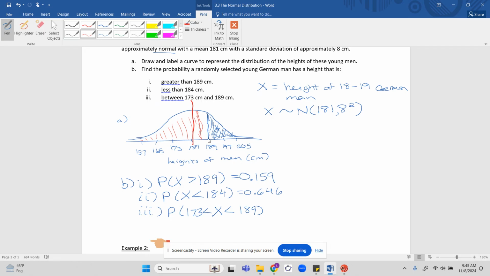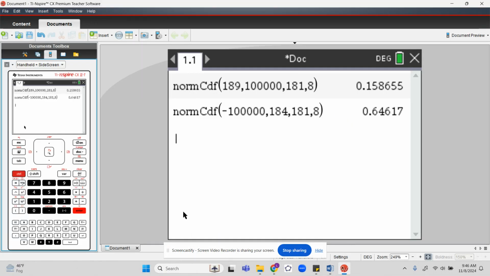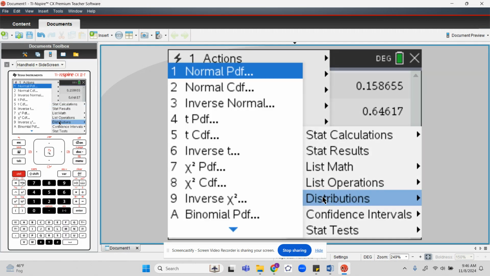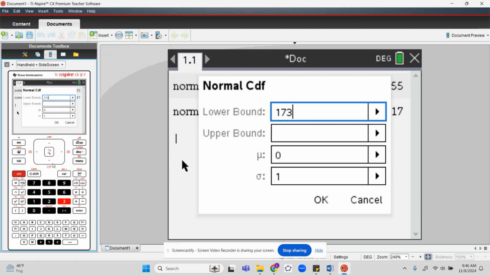I already did. The last one is between 173 and 189. It's a big part of the curve between those, so I think the probability will be somewhat high, but let's see. So menu, statistics, distributions, normal CDF. It's between 173, so I go from 173 up to the upper bound, which is 184.